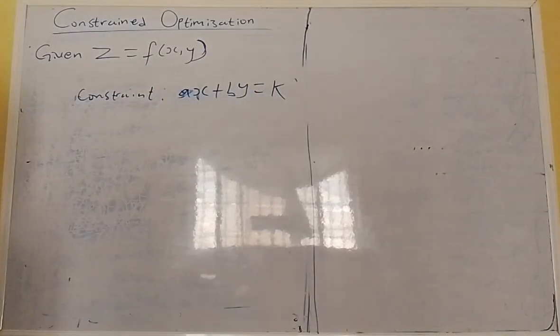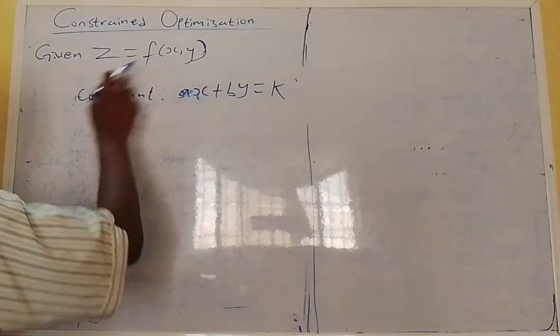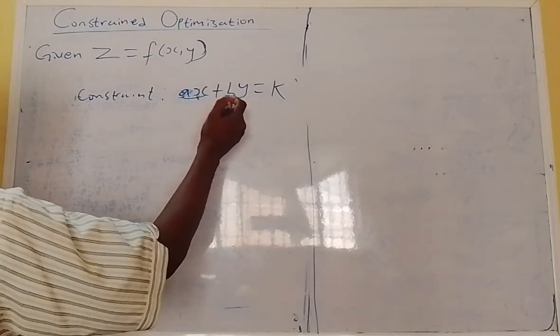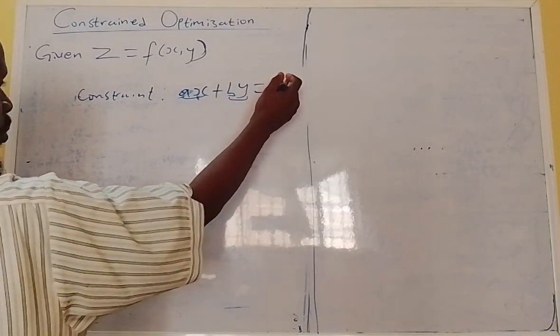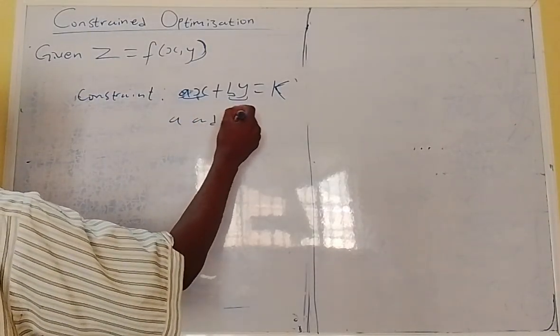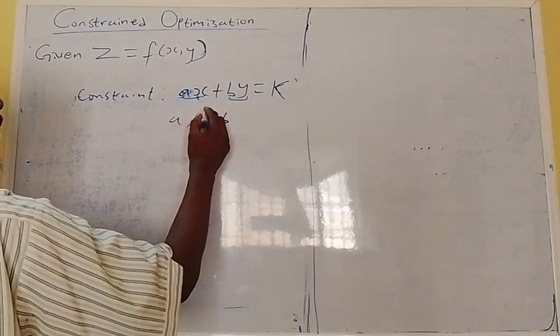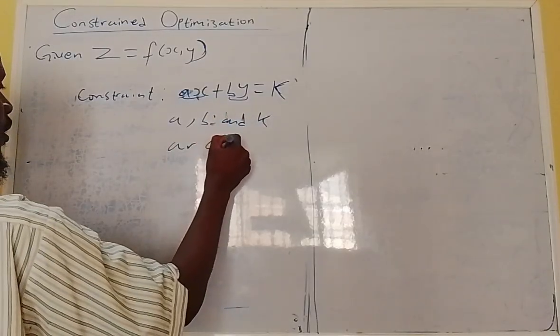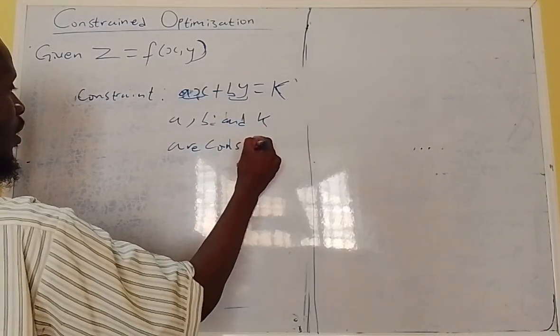This is a constraint. That is, we are asked to optimize the function, given the fact that the product of this plus the product of this is equals to this. Where a, b and k are constants. They are constants.